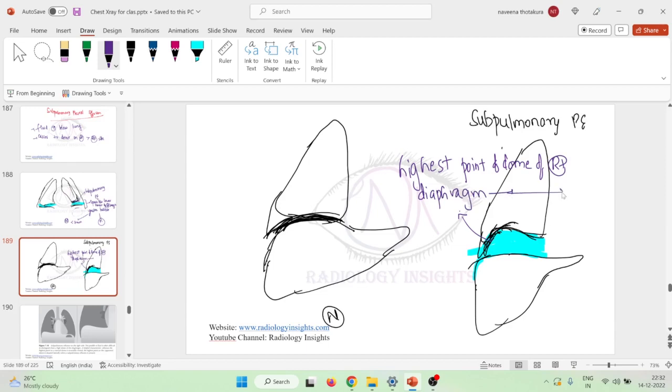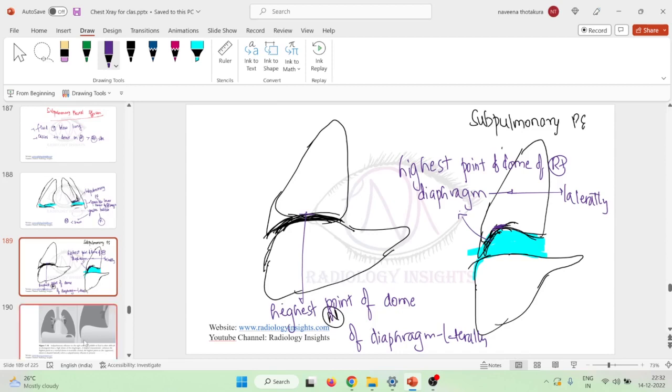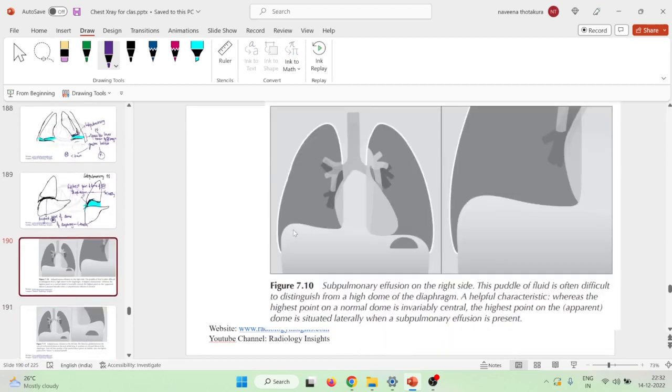Normally, the highest point is present centrally, whereas in subpulmonary effusion, the highest point of the dome of diaphragm is present laterally rather than centrally.